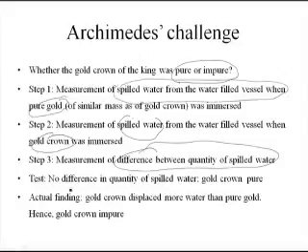If there is no difference in the quantity of spilled water, the crown would have been pure, but actually the crown was not pure because the gold crown displaced more water than pure gold.